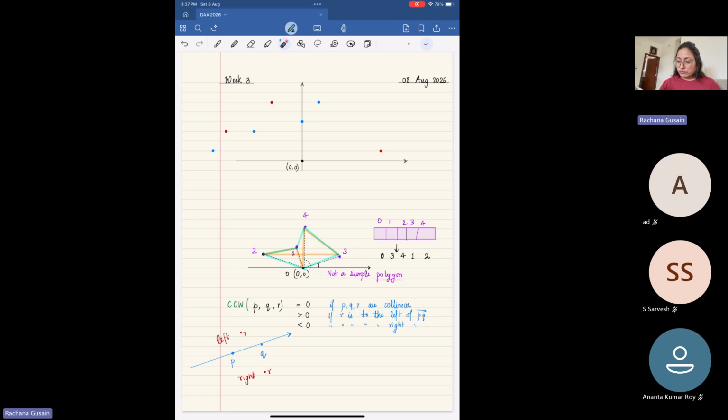In this problem, we are not really going to compute these angles. That is also one way of solving the problem I had stated, because I want to sort these points in the increasing order of these angles. So one way is that you actually compute the angles and then sort the points by the angles. That is definitely one way.